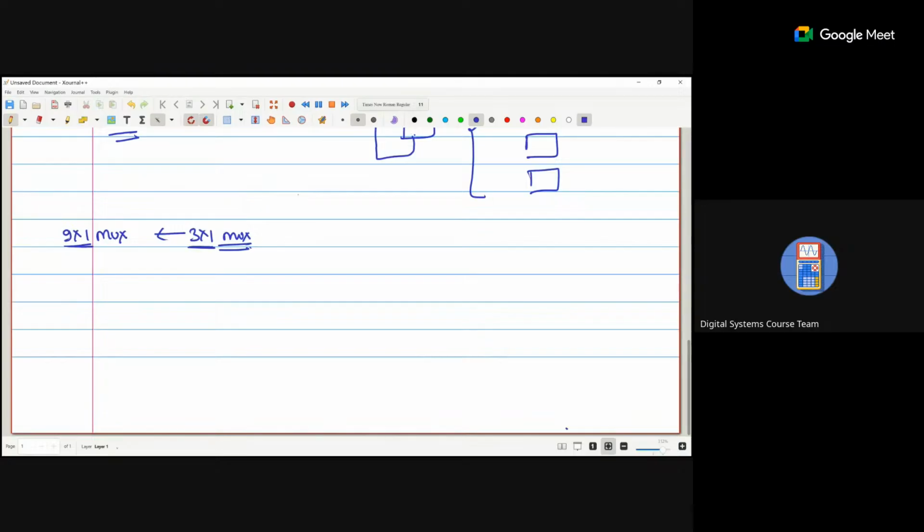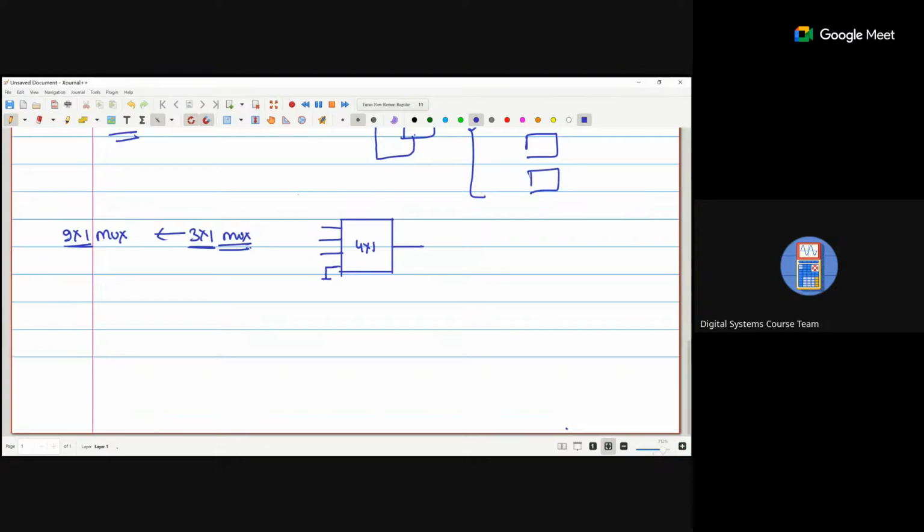So what should we do? We have two different ways. We have a 4 cross 1 mux, and if we connect the fourth line with ground, it will behave as a 3 cross 1 mux.